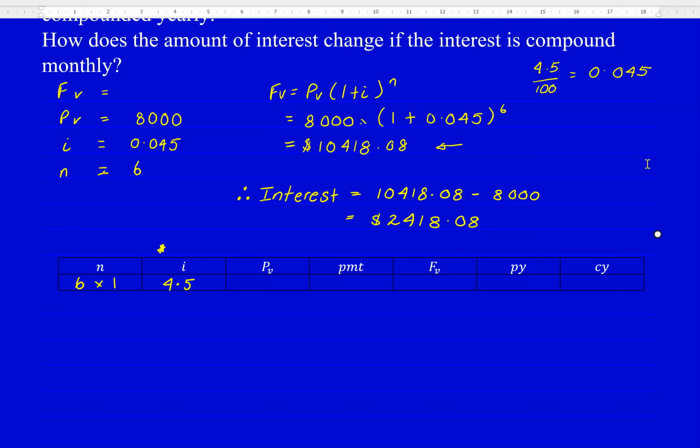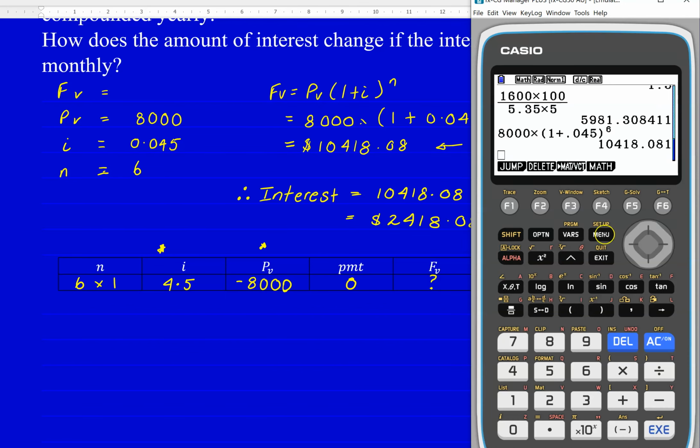We just pop our interest in as its straight value. The other thing you have to be careful of, your present value, we need to write that as minus $8,000. There is no regular payment, so that has to be set to 0. Future value is what we are solving for, and compounding yearly, that's going to be 1.